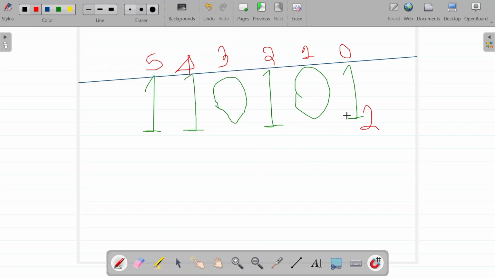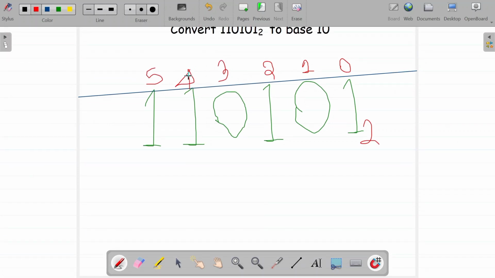And now, when we want to convert base 2 to base 10, we need to have these indexes above the base 2 number, and then we need to follow this next step. So we're going to have 1 times 2 to the power of 0.